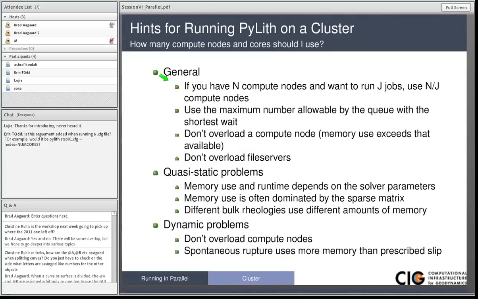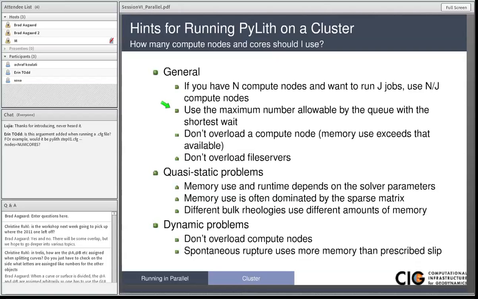Another thing to consider, if you're running on a computing center, or even if you have a larger cluster, say in your department, is that there's probably a queue system with multiple queues. You may find that there's a queue for running up to, let's say, 64 cores or processes, and jobs are allowed on that queue to run up to 2 hours, and then there's another queue where you're using up to 128 cores, where you can use a whole day.